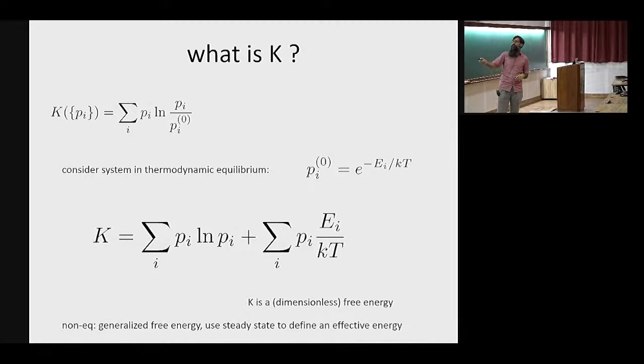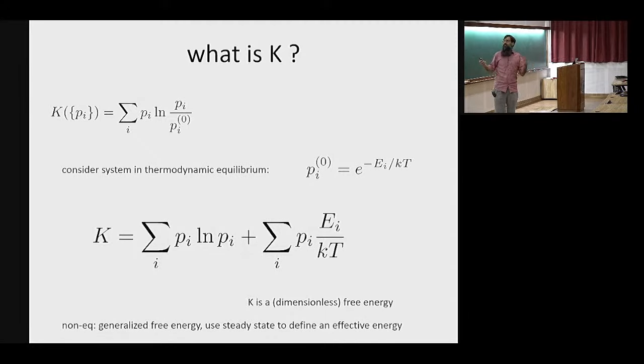And in principle, we could say, well, the steady state here, instead of having this energy here, what we have is these steady state probabilities pi0. We could just say, let's take this equation. Now our pi0 is not in equilibrium, so it's not really a Boltzmann factor. But we could say, well, we use this equation to define an effective energy of each state. And then this is exactly that.